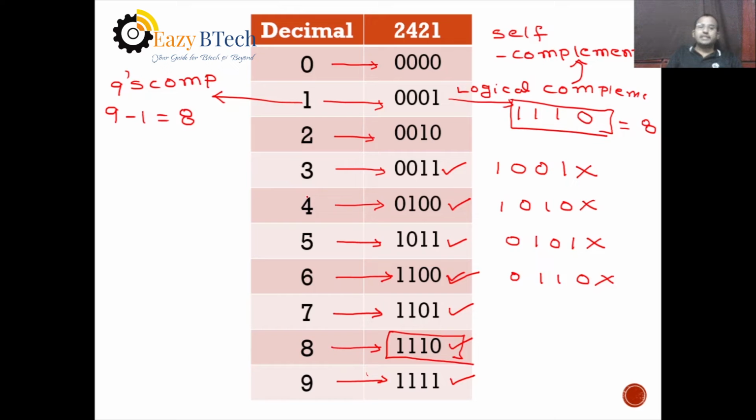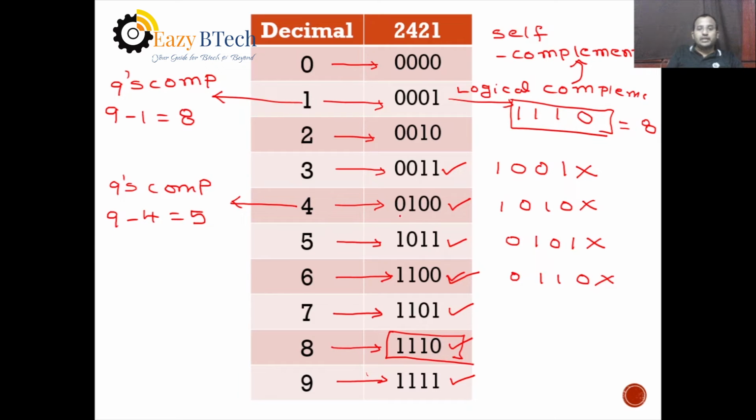For any example you can take any code. If you take the 9's complement of 4, what is it? 9 minus 4, that means 5. This is the arithmetic complement, which we can obtain by simply interchanging zeros and ones. Here we have 0100.